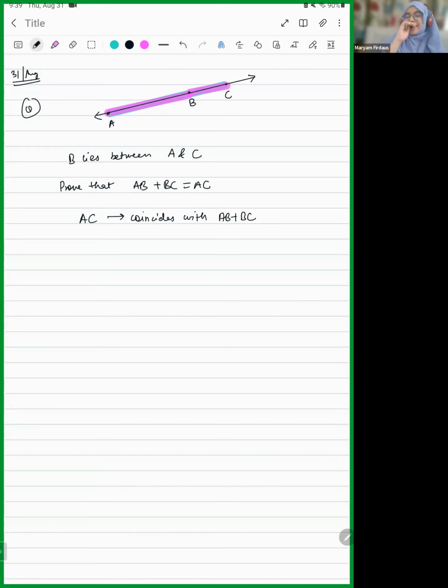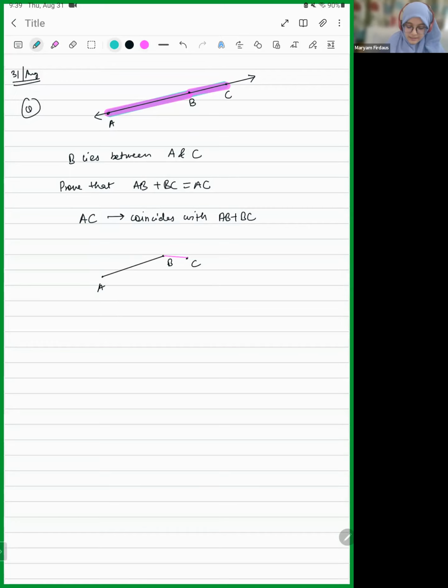See, if you had something like this, let's say this is A, this is B, and C is over here, somewhere over here. This is your AB, this is your BC.